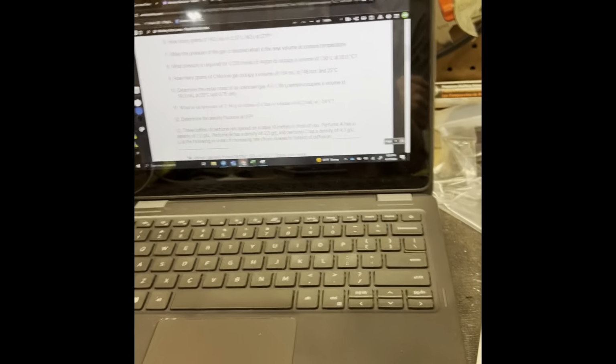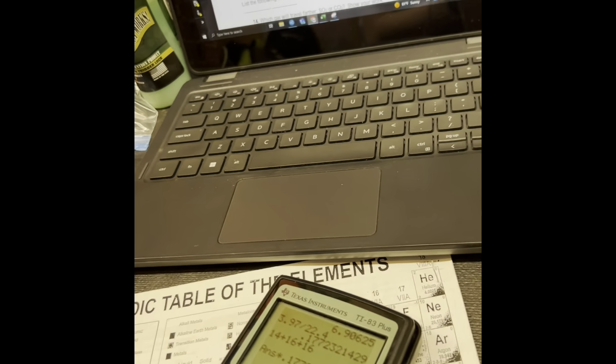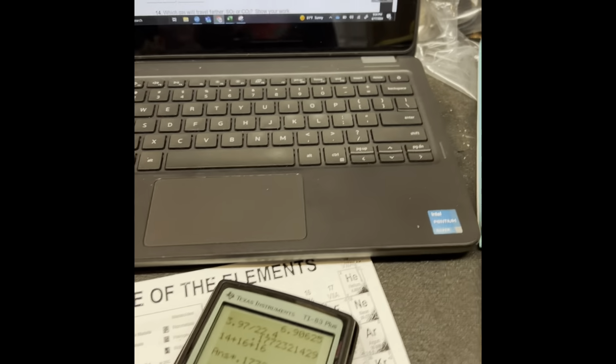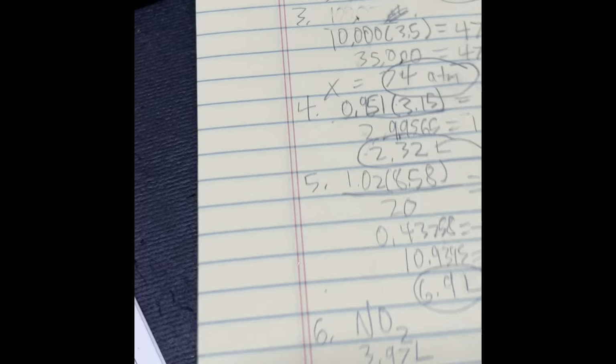Number 7 doesn't really give me very many details. New volume at constant temperature. Okay, so I'm just going to deal in theoreticals then.